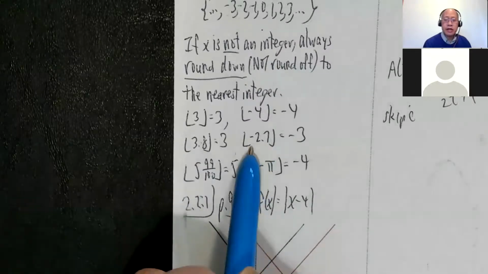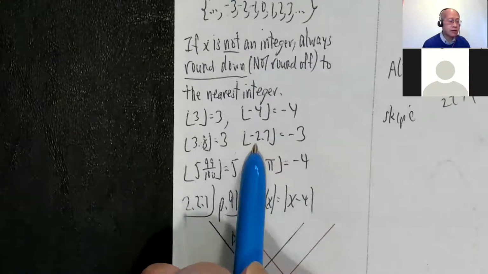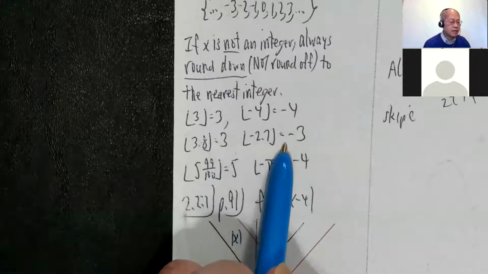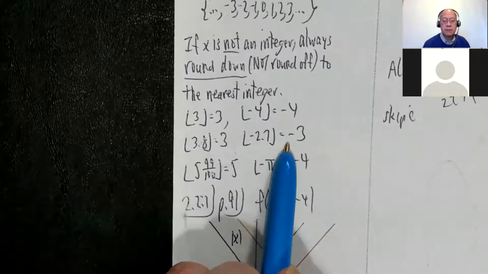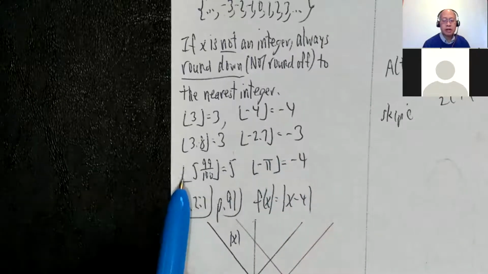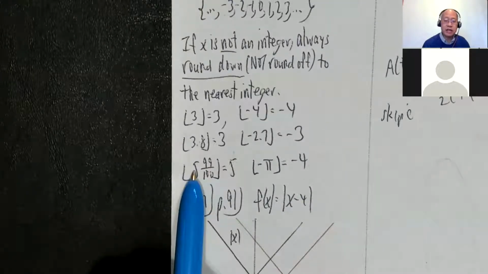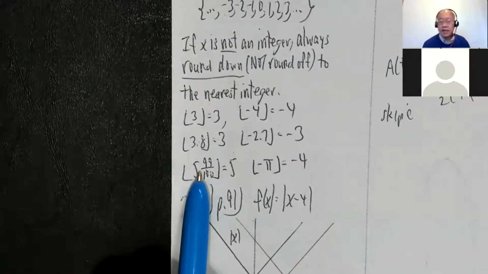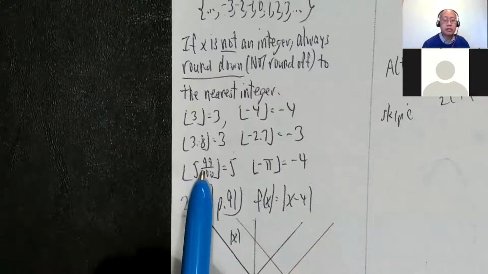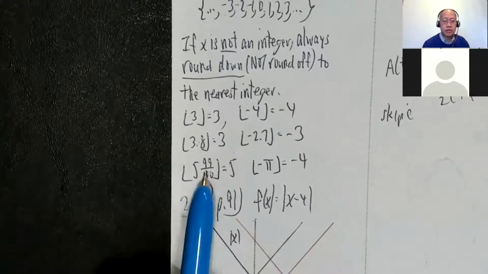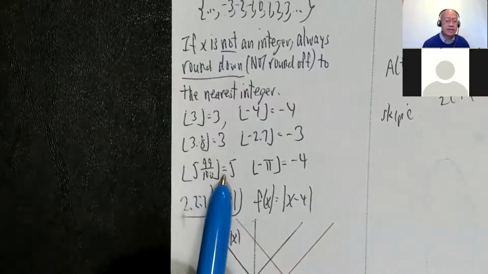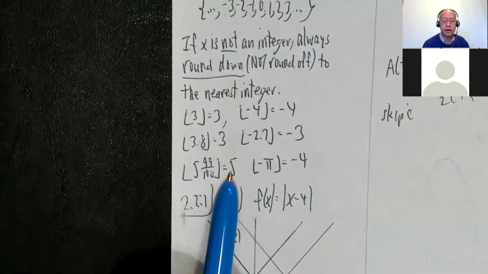Leave this 3. The greatest integer function on negative 2.7 is negative 3. The greatest integer function on 5 and 99/100, which is really close to 6, doesn't make any difference. Any fractional part, you always go down. So it isn't 6, it's going to be 5. You always have to go down.